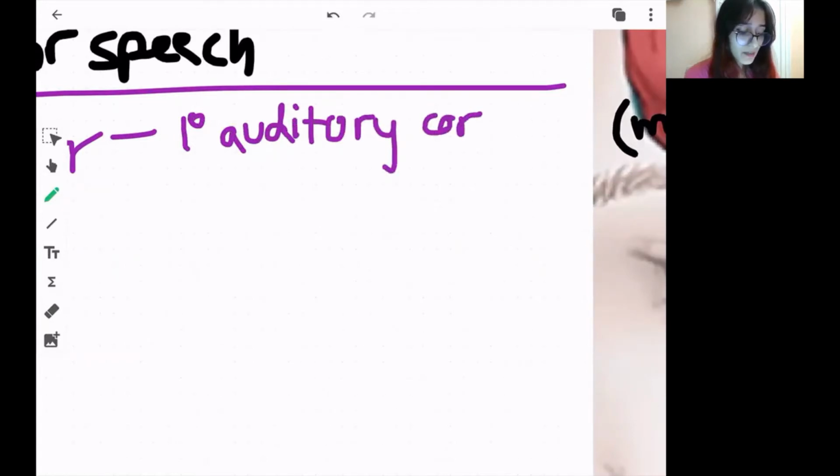A special thing about this is that the frontal cortex or the parietal cortex were controlling the information on the contralateral side of the body, but this cortex receives information from both sides of the body. Basically, it receives information from both the ears.